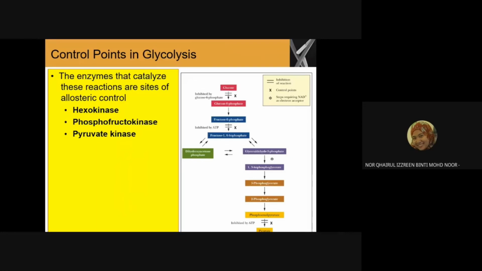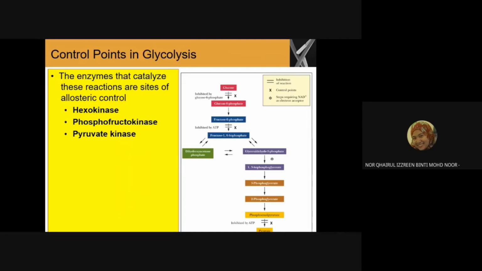So in order to prevent glucose from crossing the cell membrane, glucose needs to change its conformation. How it does this is by adding the phosphate group to glucose.